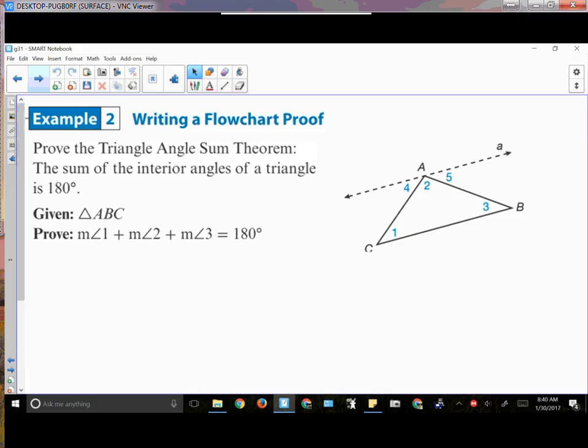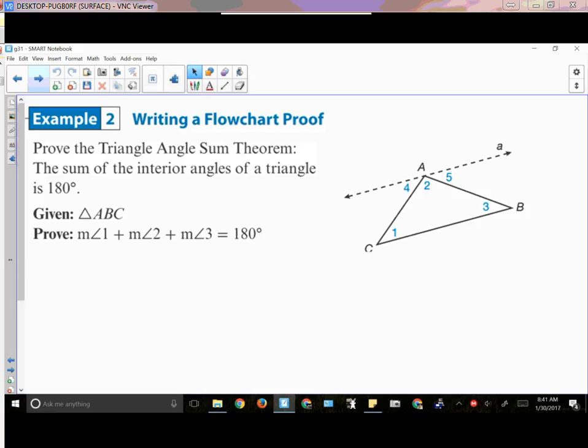Given triangle ABC. Well, what does that look like? Are we going to put that in a box to begin with? Is that how it starts off? What do we got?